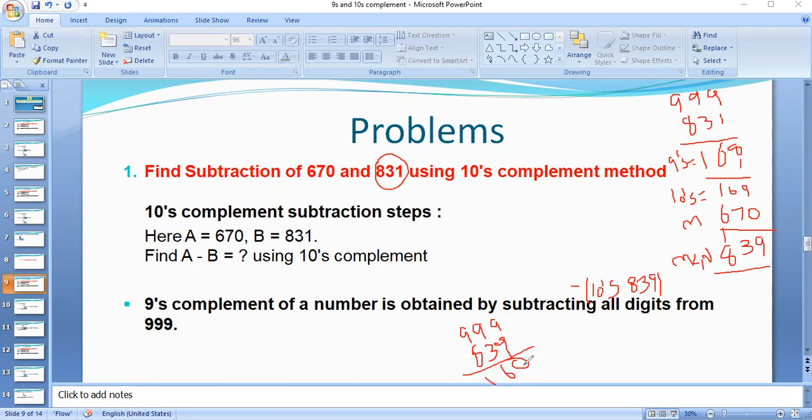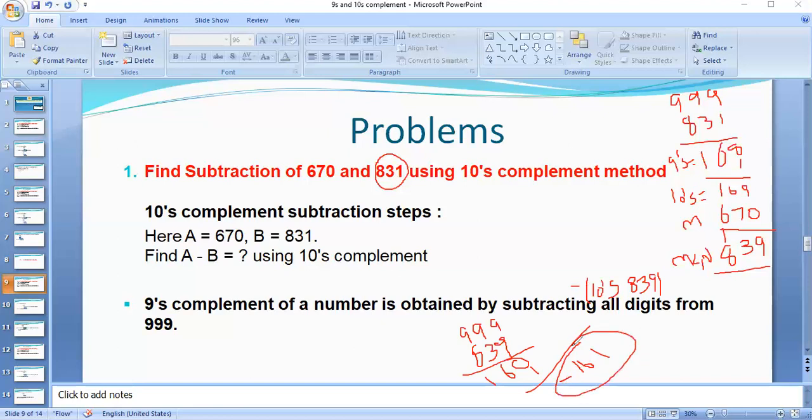So this is the 9's complement result. After that I am adding 1 to the LSD position. So here I am getting 161. Then you have to put a negative sign in front of the number. So this will be the result.